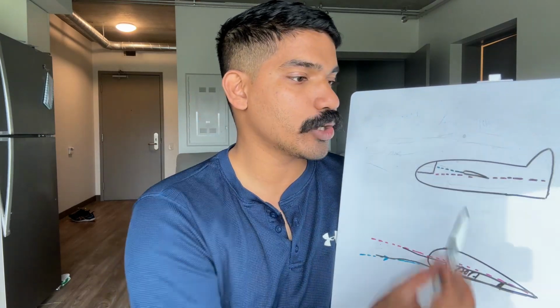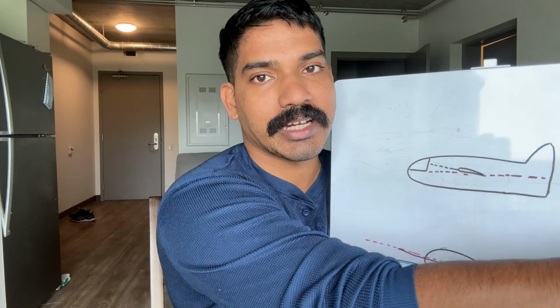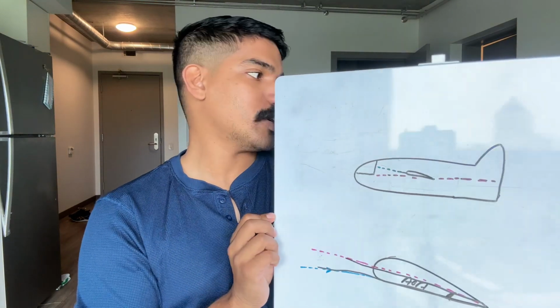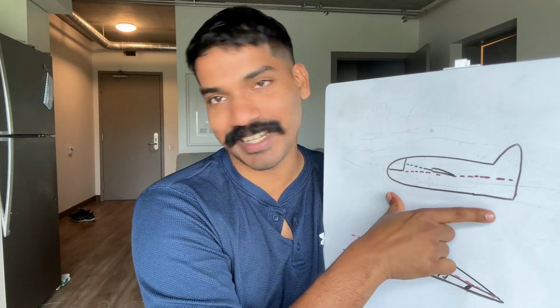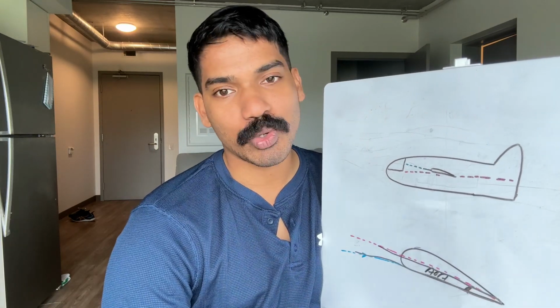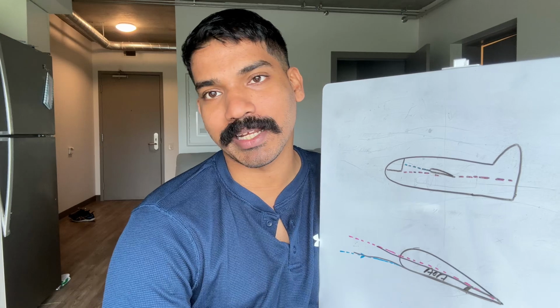Now when it comes to angle of incidence, I want you to look at this diagram above. My drawing is not that great, guys, but I hope you understand that this is an airplane. Now when it comes to an airplane, its wings are not always in line.